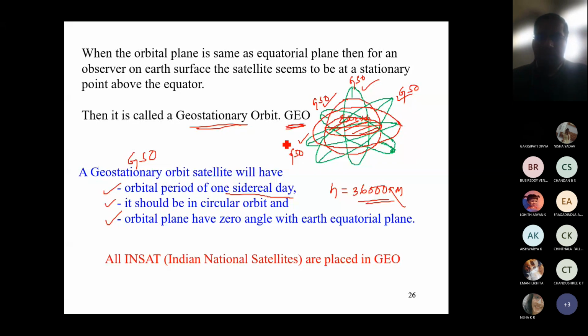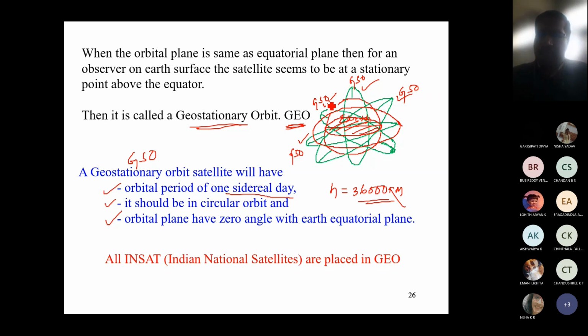So if we compare GSO and GEO, every geostationary orbit is a geosynchronous orbit, and there can be only one geostationary orbit, but there can be many geosynchronous orbits.